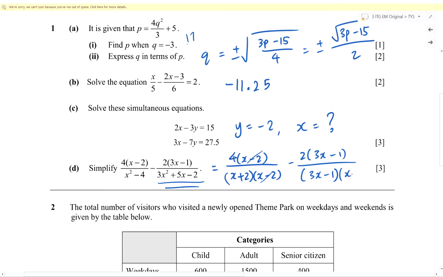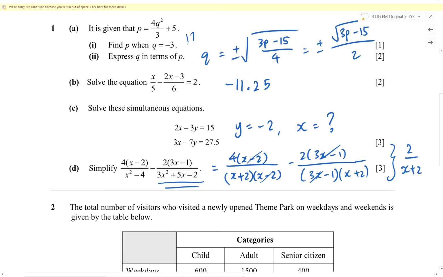Then we have x plus 2. Cancel, cancel. So we got 4 minus 2, which is 2 over x plus 2. So the answer over here is 2 over x plus 2.